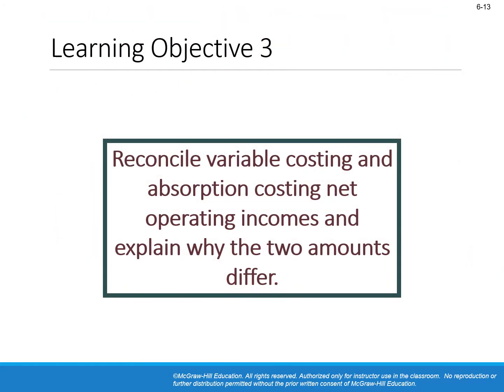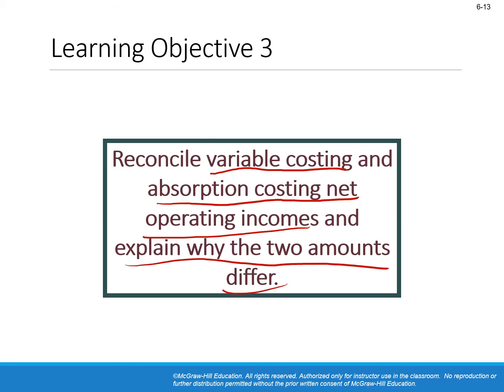Now, reconciling variable costing and absorption costing net operating incomes, and explaining why the two amounts differ. I already explained that and established that the difference resides in the ending inventory, but let's see what they've got.